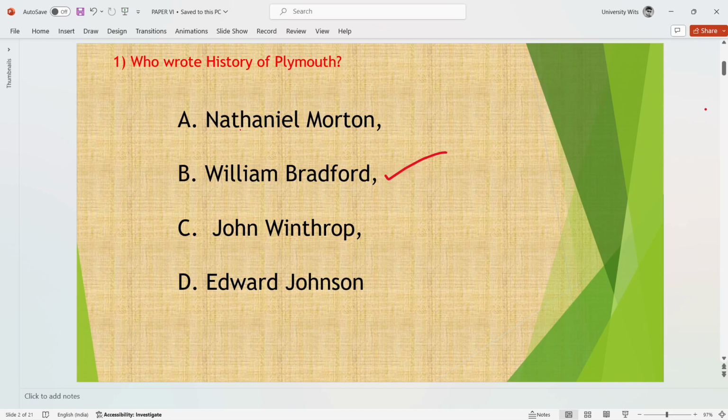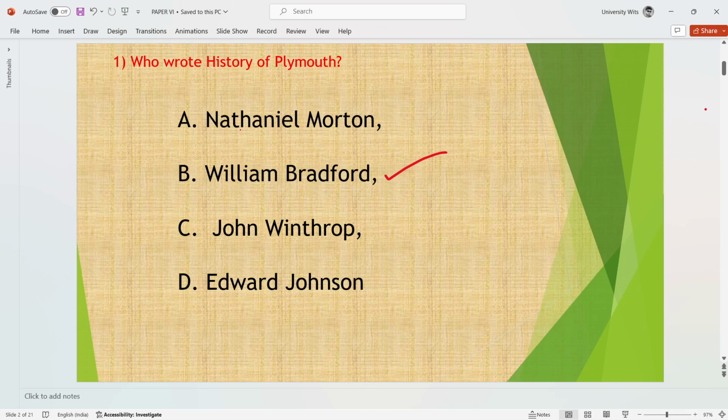Why is John Winthrop, option C, not correct? Because he was a leader of the Massachusetts Bay Colony, and wrote a journal dealing with the colony's founding and early years.